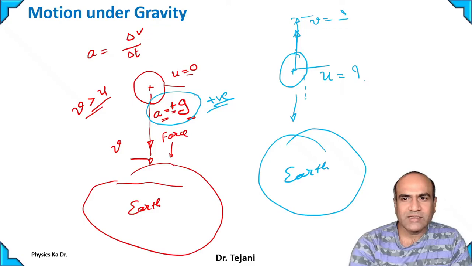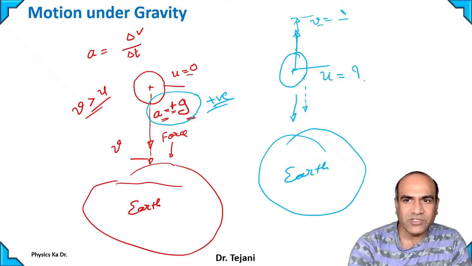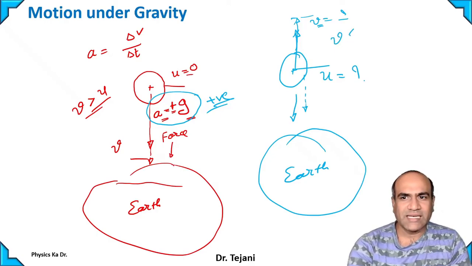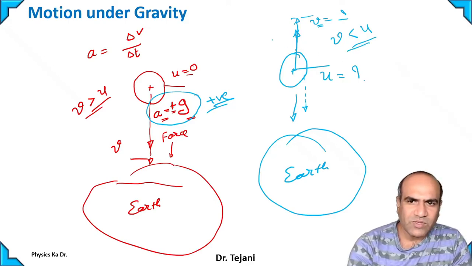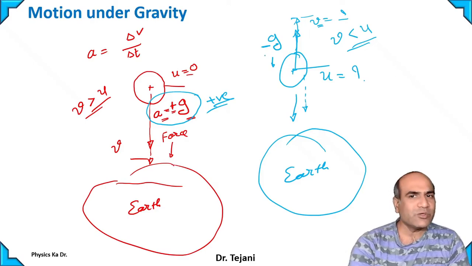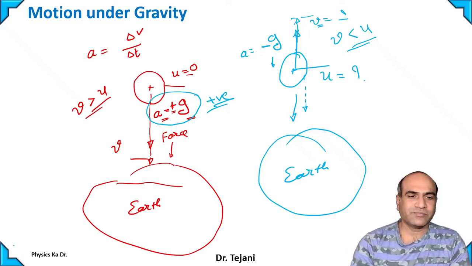It always attracts the body towards Earth, and because of that, there is a reduction in velocity, and therefore final velocity is always less than initial velocity when the ball moves in the upward direction. Because gravity is pulling the ball down, its effect is negative. It is reducing velocity, therefore acceleration is to be considered negative.